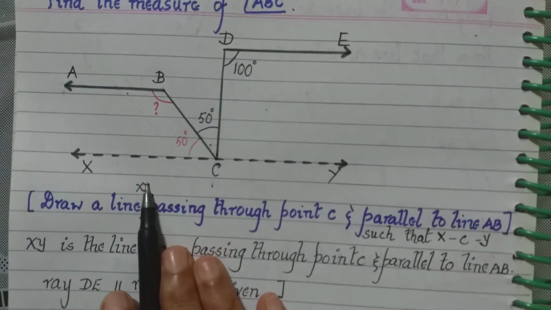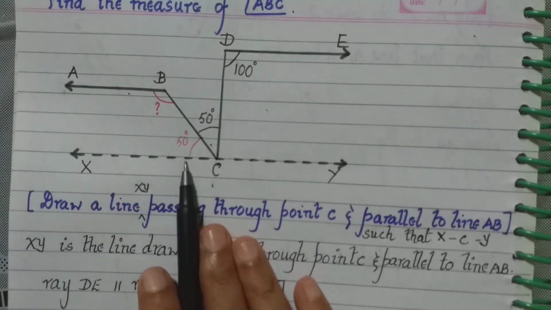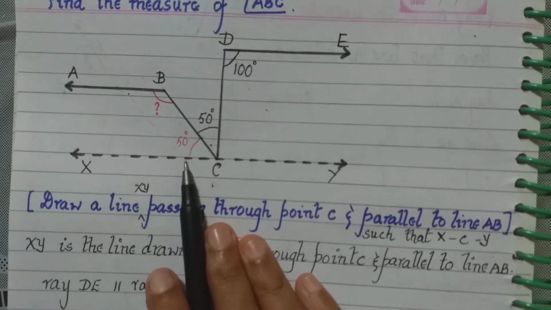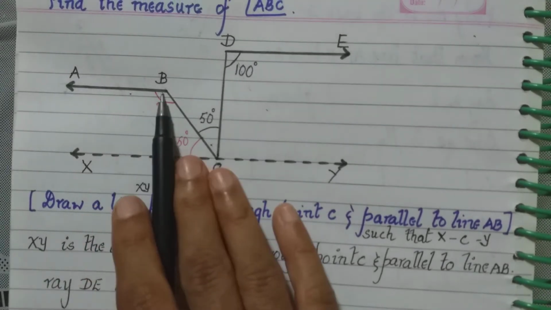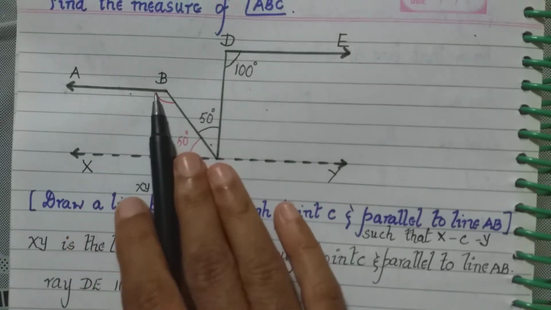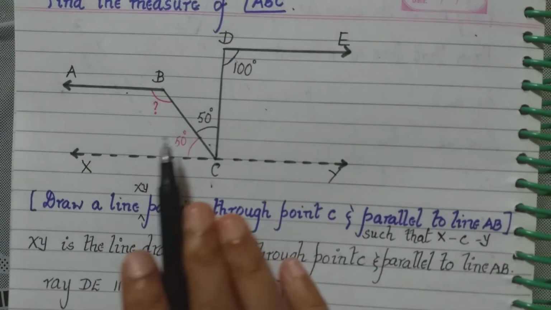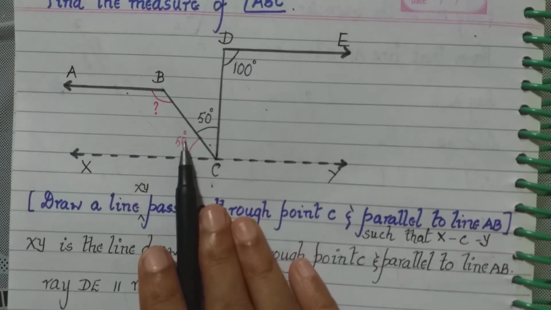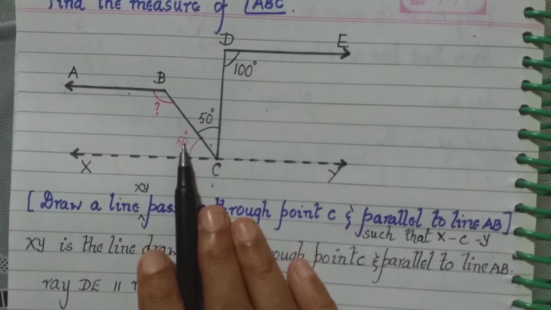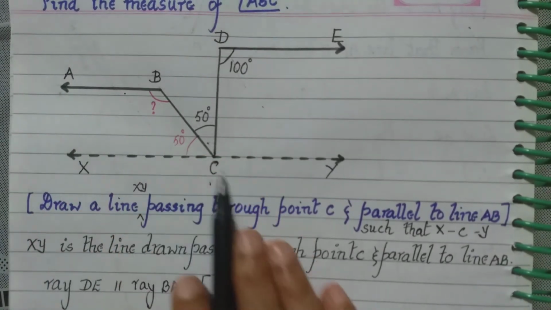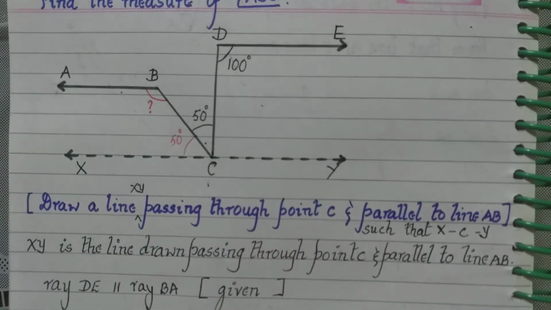And when the lines are parallel, the interior angles on the same side of the transversal are supplementary. So what can we say now? Angle ABC plus angle BCX is equal to, supplementary means it is equal to 180 degrees. So we will use that clue and then find out what angle ABC is.